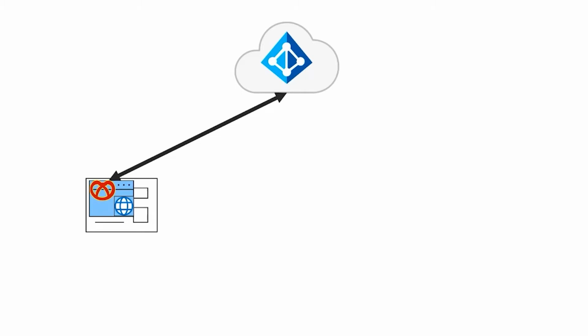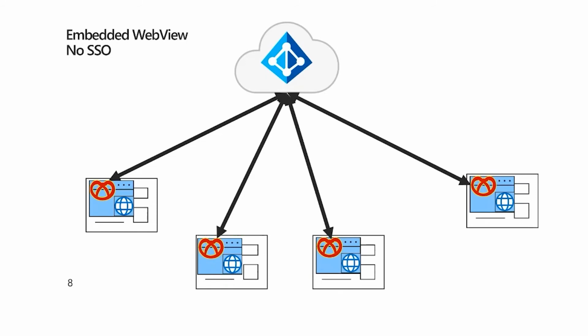The problem happens when we start having additional applications on the device. If each one of them goes ahead and implements an embedded web view model, now each one of the applications has its own separate session, its own separate state and artifacts between their embedded web views and the identity provider. There's no sharing across these embedded web views. So by choosing to go the historical way of using an embedded web view in my application because it's great for my user experience and control, you're really opting in and saying, I'm not going to participate in single sign-on.